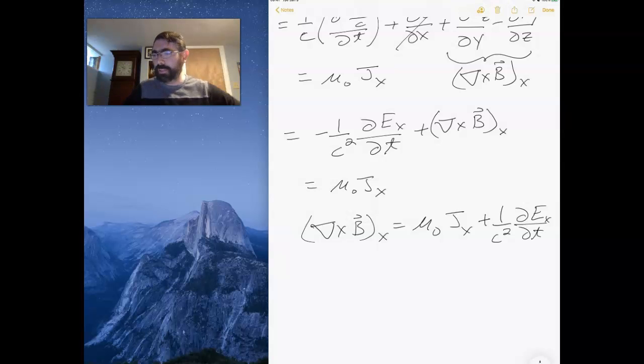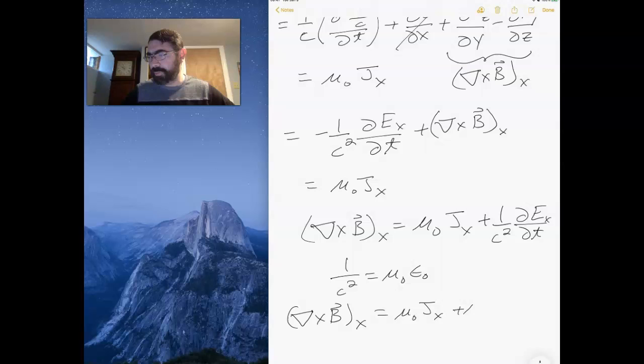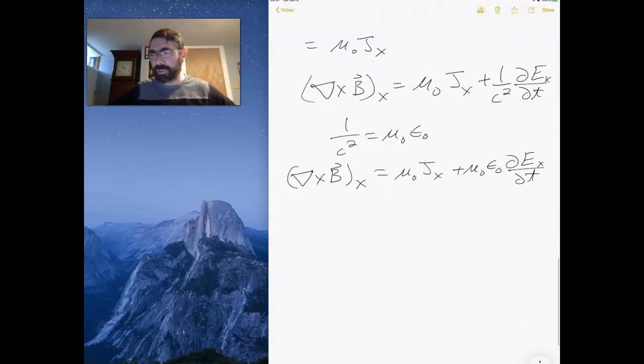And if you remember that 1 over c squared is equal to mu 0 epsilon naught, then what I get is the curl of B x component is mu 0 times the x component of the current density plus mu 0 epsilon naught, the x component of the electric field taking the time derivative. So in the end, if you were to look through this, mu equal to 0 gives us Maxwell's first equation.